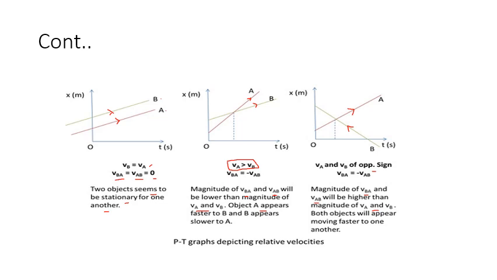Relative velocity will be higher. In the previous case, the velocity of object A and velocity of object B is higher than the magnitude of relative velocity, right? So what we observed, both the objects will appear to be moving faster to one another.